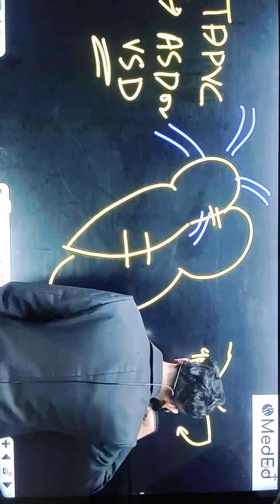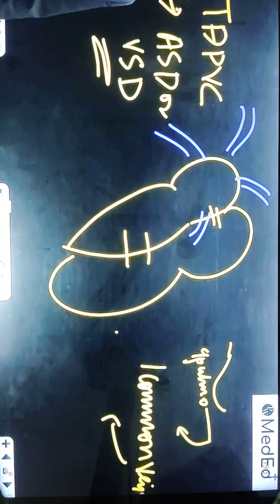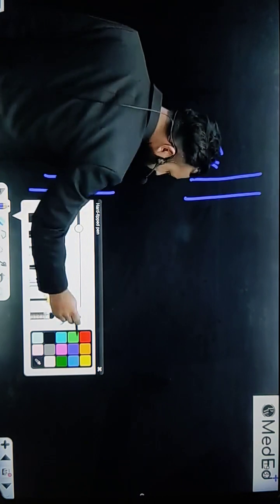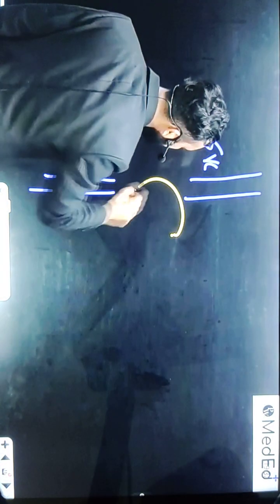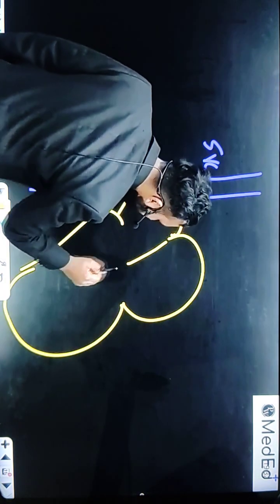When they join to form one common vein, this common vein can drain into the SVC, it can drain into the IVC, and it can also drain directly into the right atrium.